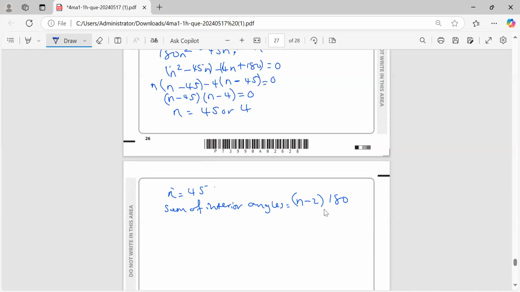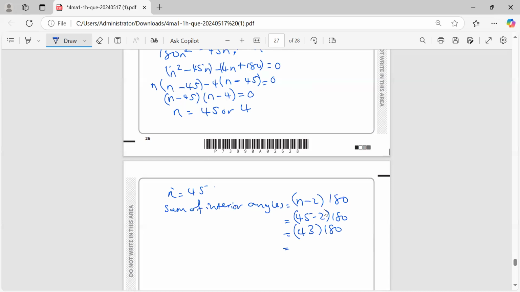We just take n as 45, so it's 45 minus 2 times 180. So that's 43 times 180.